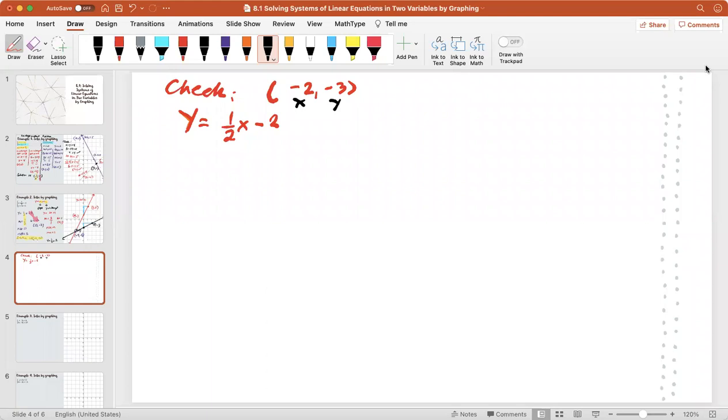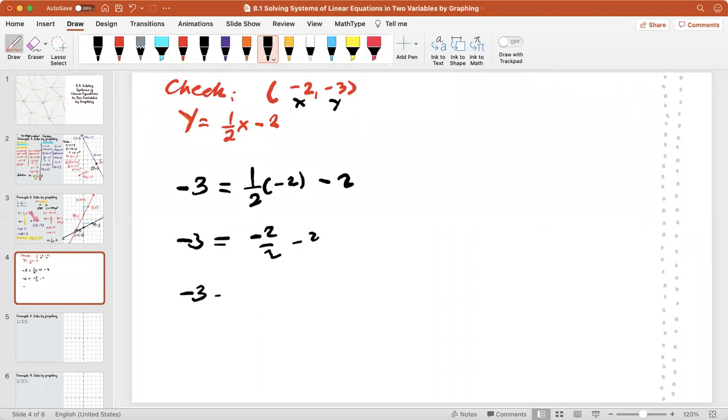What's our y? It's -3. 1/2 your x, plug in -2, minus 2. All right, that's still -3. 1/2 times -2 is -2/2. And what's -2 divided by 2? -1 minus 2. What's -1 minus 2? -3. And yes, we are correct there.